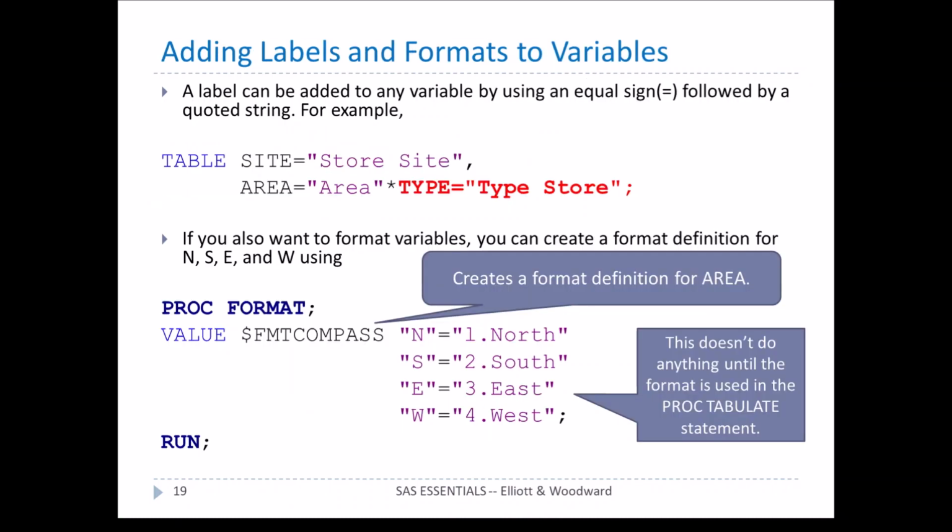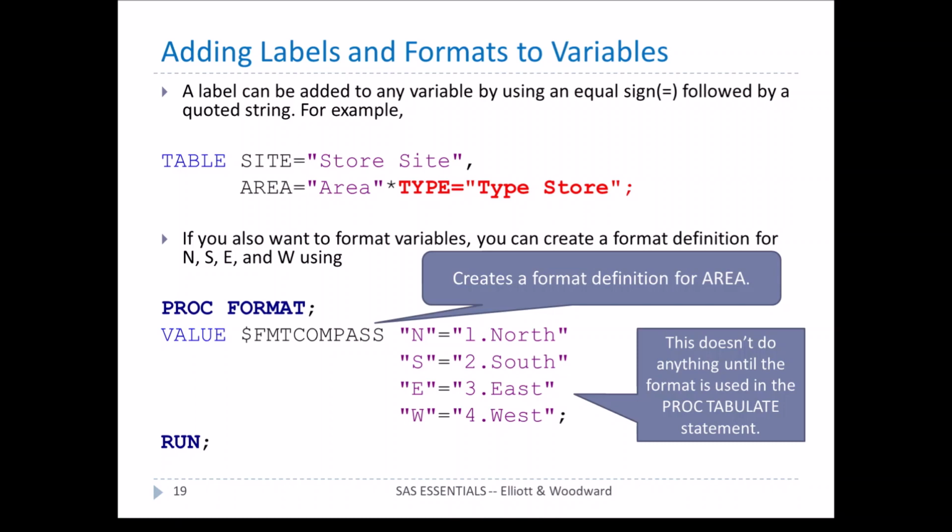Now we can add labels and formats to variables as we can in most SAS procs. A label can be added to any variable by using the equal sign followed by a quoted string. For example, here we have TABLE site equals 'store site', area equals 'area', by type equals 'store type'. And then we can also format variables.